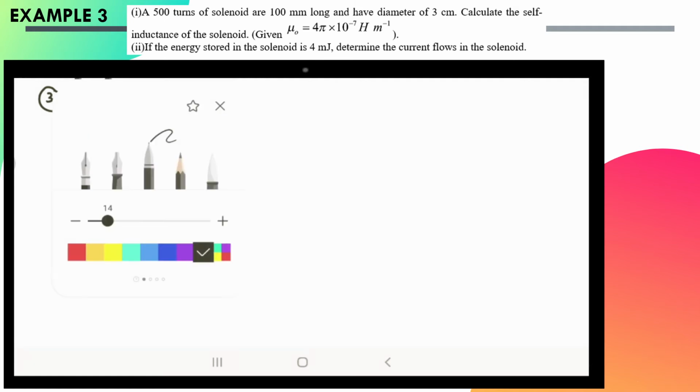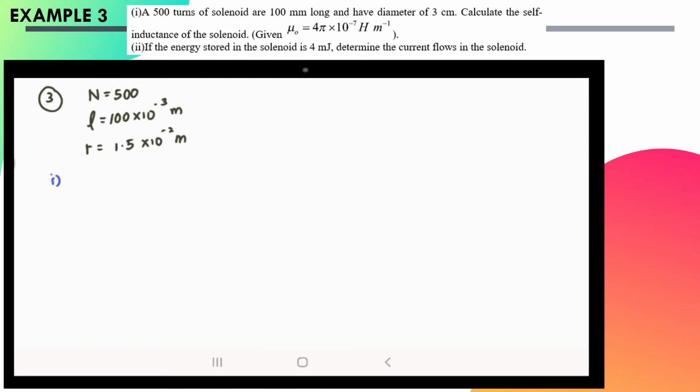So this is very easy. We can just use the formula where L is equal to mu naught N squared A over L. But we need to find first the cross-sectional area of the solenoid, which is pi r squared.